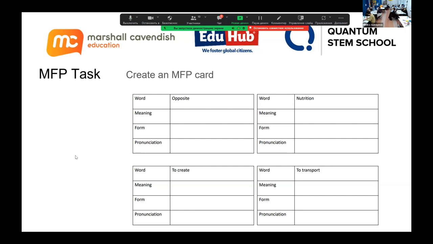And one word, to transfer, I think it's the most challenging, right? To transfer. Thank you. Meaning, the new word, there is a verb. Okay. Form is the verb. Pronunciation: transform.